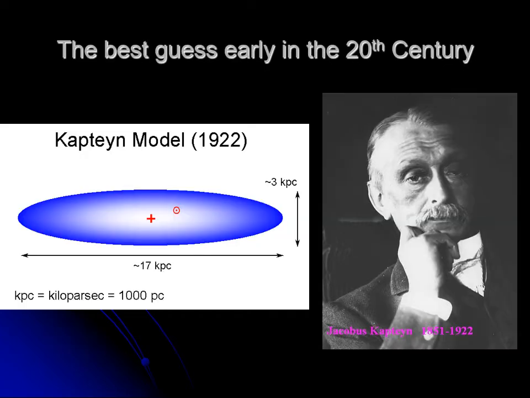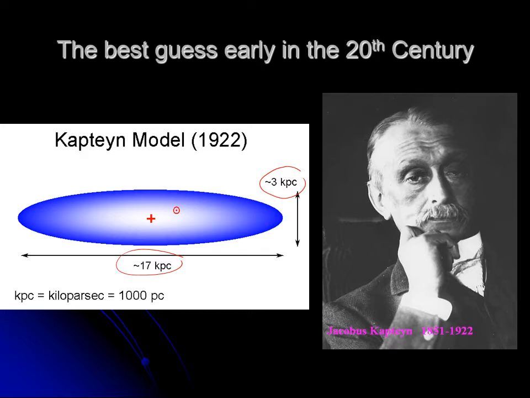Jacobus Kapteyn, J.C. Kapteyn, a famous Dutch astronomer, late 19th century, early 20th century, mapped out the Milky Way as best he could. He found it was about 3,000 parsecs, 3 kiloparsecs thick, and about 17,000 parsecs wide. 3 kiloparsecs is about 10,000 light years thick, and 17,000 parsecs is close to 45,000 light years wide.